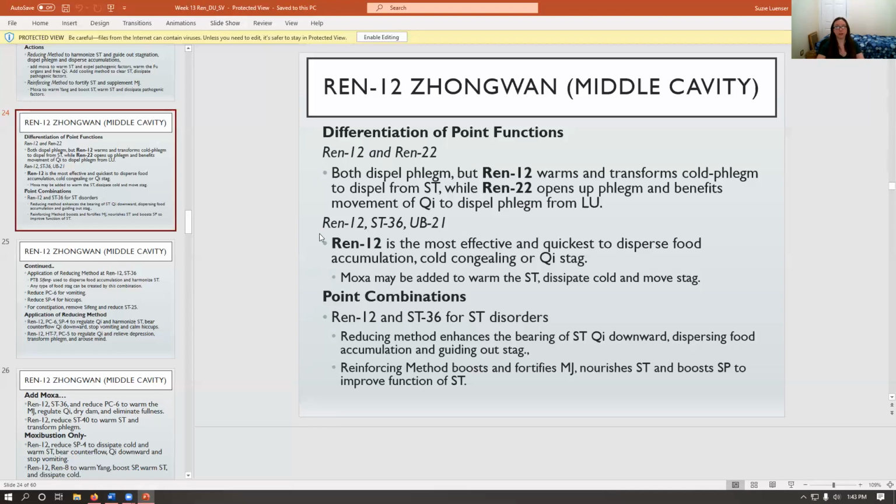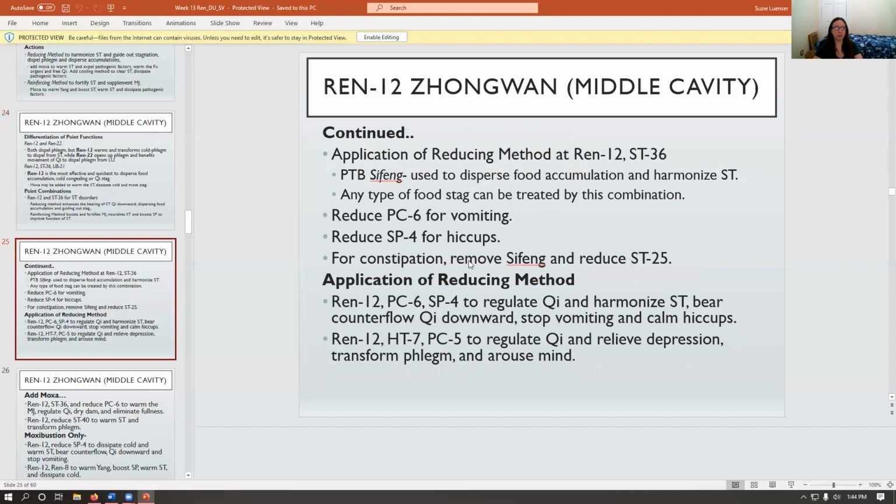This is a very, very common thing where Ren 12, stomach 36, and UB 21 in real life, they're going to be used together. So you can reduce or reinforce with those two, depending on what you're trying to do, whether you're trying to guide out food stagnation or bear counterflow qi downward. You're going to be reducing. If you've got deficiency, you're going to be reinforcing.